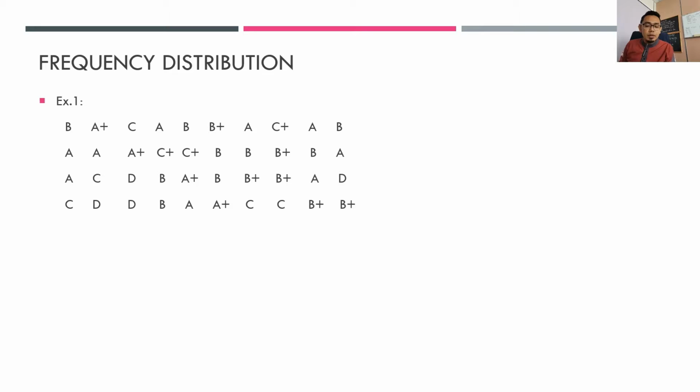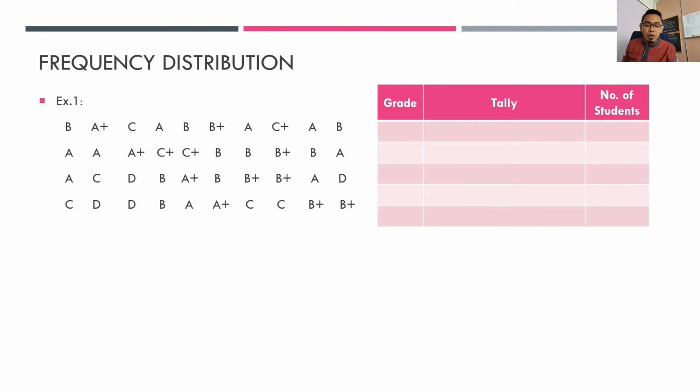Suppose we have this ungrouped data, in which the data is spread out like this. Now we want to put this in a table. What we can do is put in the grade first.